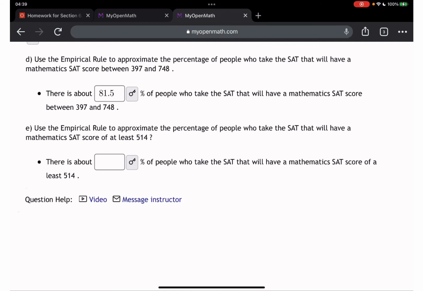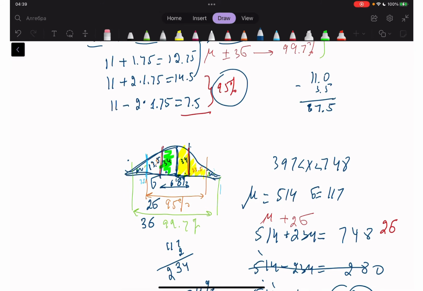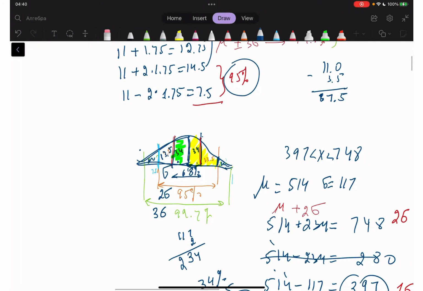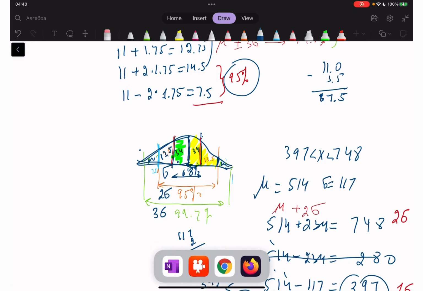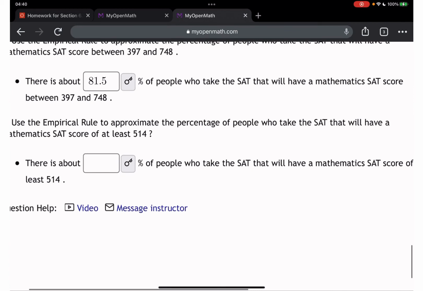But if you would have some, let's say, all the way to here, then you would take 34%, plus how much we have, 13.5%, and so on. Just add them up, whatever percentage you need. So this one is going to be 50%.